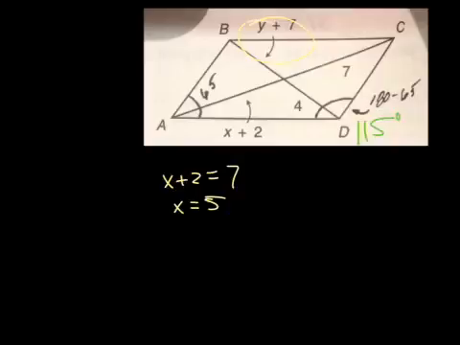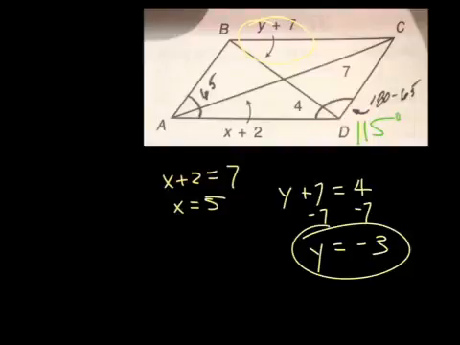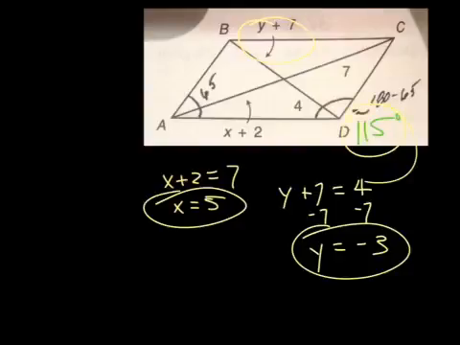And looking at this one, we know that this length is 4, so that means this has to be 4. So y plus 7, that length has to be 4. So we subtract 7, we get y equals negative 3. So there's my y, there's my x, and there's my angle that I was looking at. And that's it for that example.